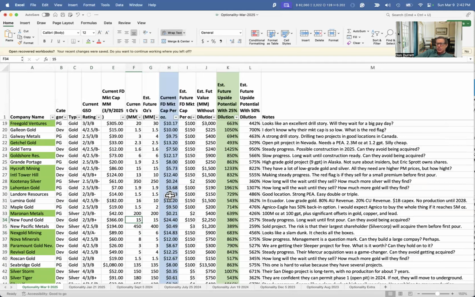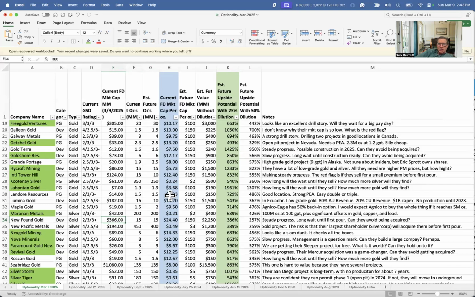I mean, just super high grade. So the way that I look at it is all they need to do is find a way to mine 100,000 ounces, and they're off to the races basically. They need a starter mine with that kind of grade. I mean, a 300 ton per day mine, and you're easily at 100,000 ounces a year.